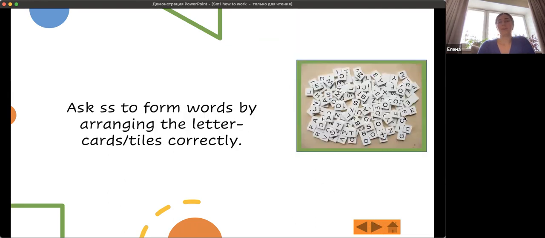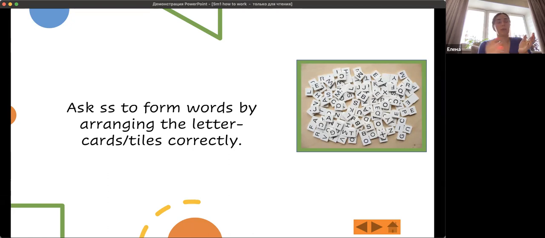Then they can't read, but still they can arrange the letters. So you may show them the word card or the flashcard with the word and ask them to make the word using paper cards, or tiles. And it looks like reading.